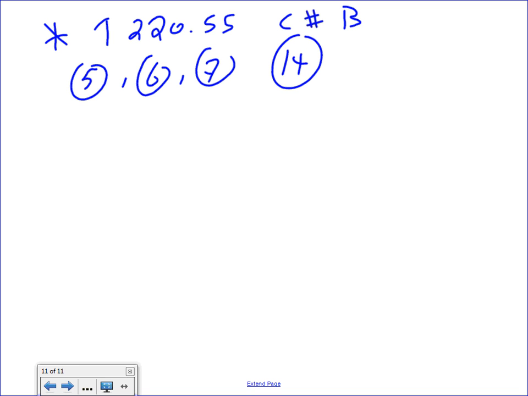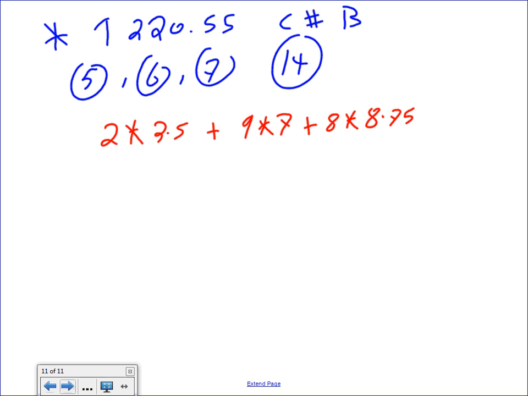So how are we going to do that? Here's what we're going to do. Let's start with the 5. 5, I have 2 times what? Times 3.5, right? 3.5 plus. Let's go to the 6. 6, I have 9 times 7 plus. Let's go to the 7. 7 is 8 times 8.75.